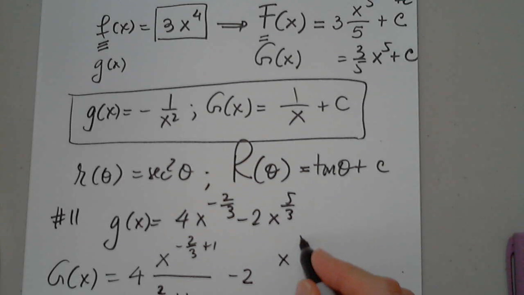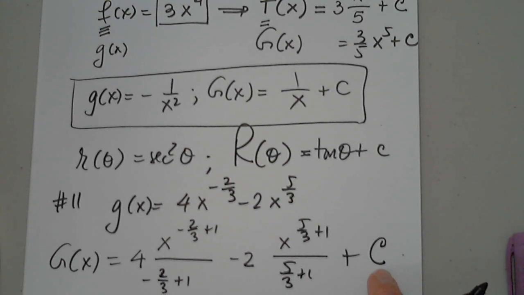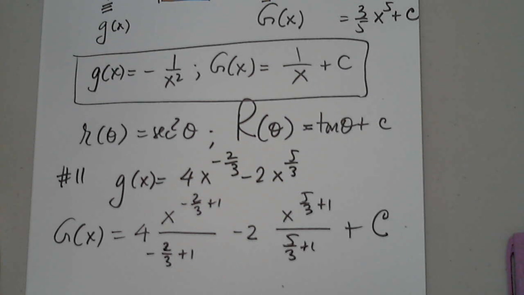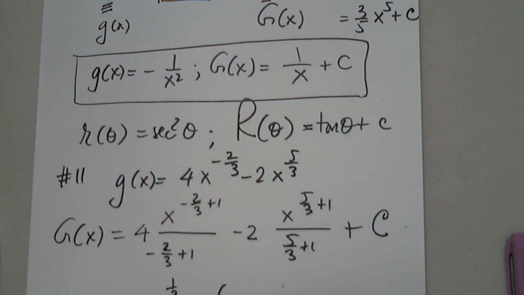Minus 2 times x to 5/3 plus 1 over 5/3 plus 1, and of course plus a constant C. Negative 2/3 plus 1 is 1/3. And I have 1/3 here, and I have to flip it. So this will be 12 x to 1/3. 5/3 plus 1 will be 8/3. And I flip it. So minus 6/8 and x to 8/3, correct.